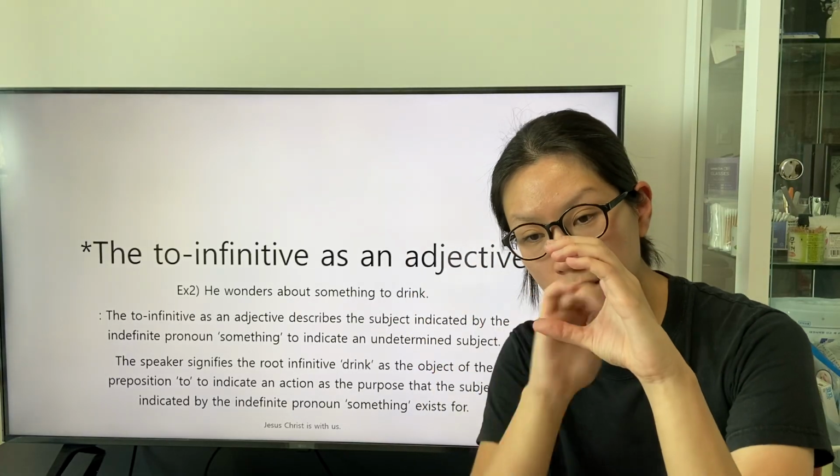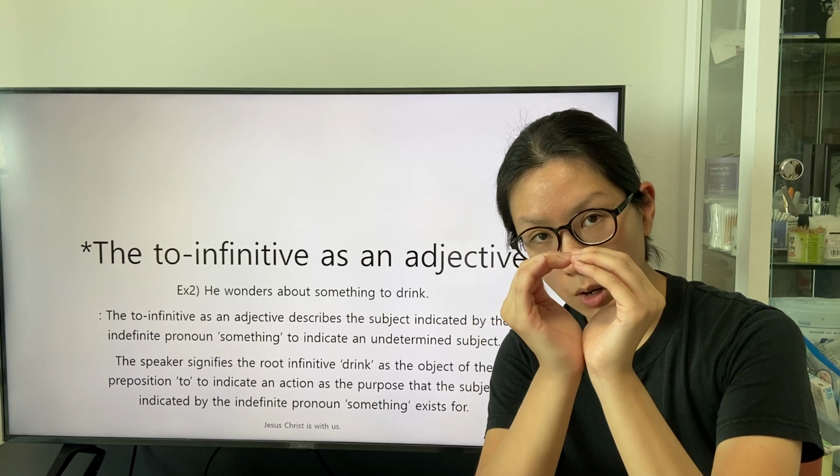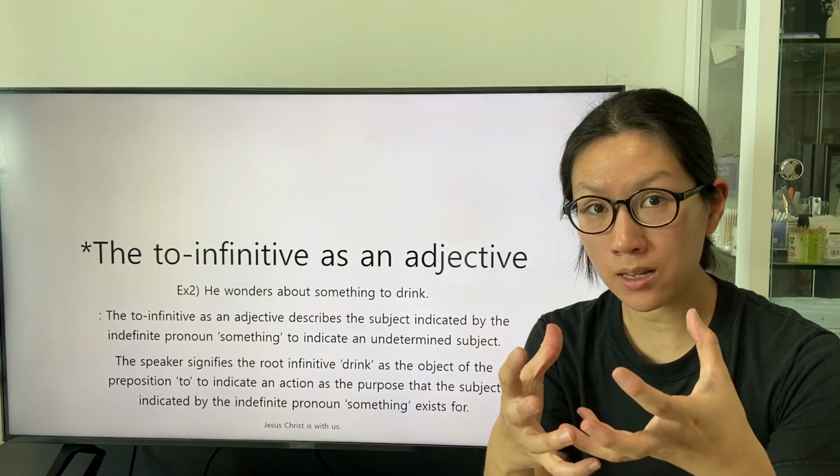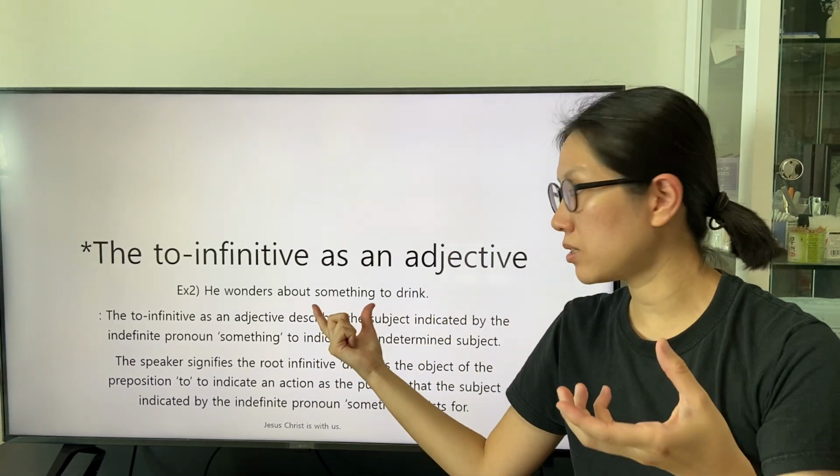We can say that this object can be indicated with the indefinite pronoun something.